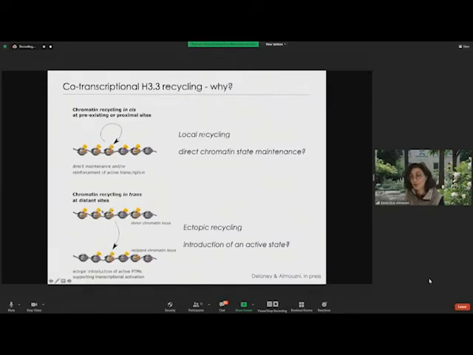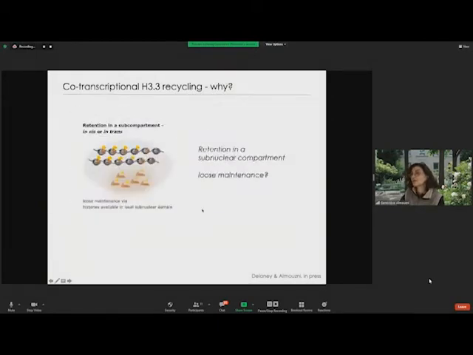So that could operate in trans or perhaps at distant sites. And finally, there could also be retention in the subcompartment in cis or in trans, in which case there would be more of a loose maintenance via histones available in the local subnuclear domain. And so that is probably also something important to bear in mind, where the localization within the nucleus of this domain may find its importance.